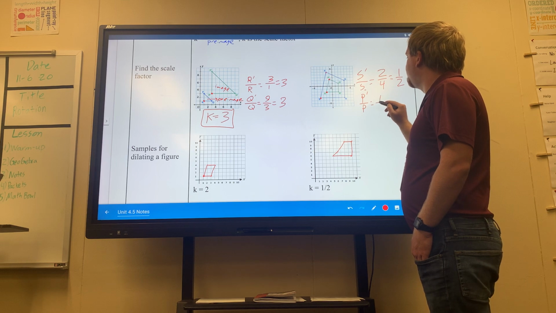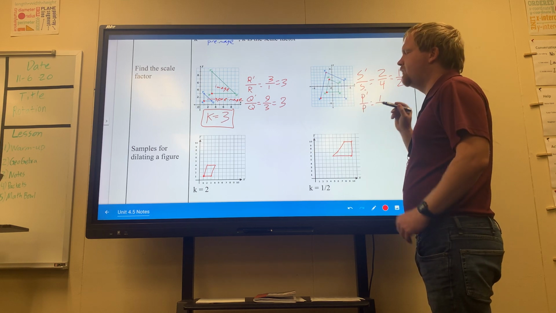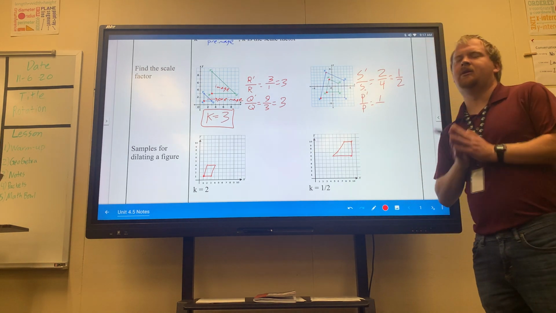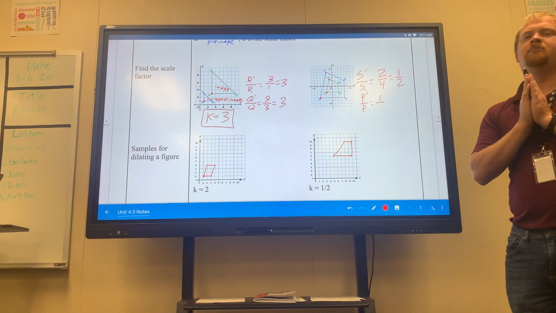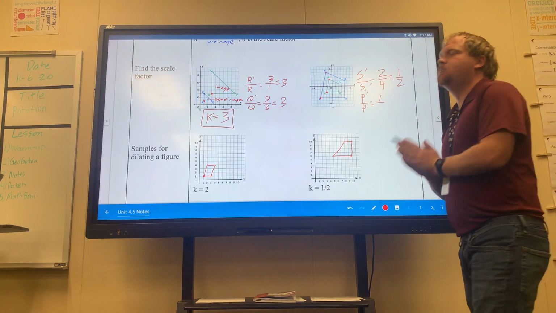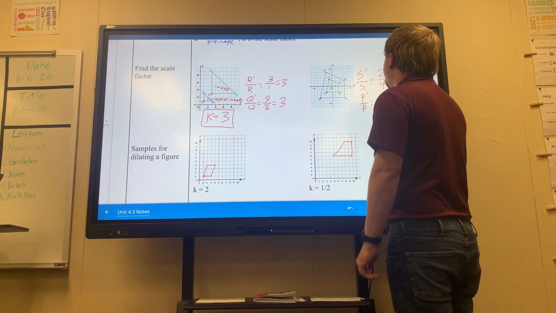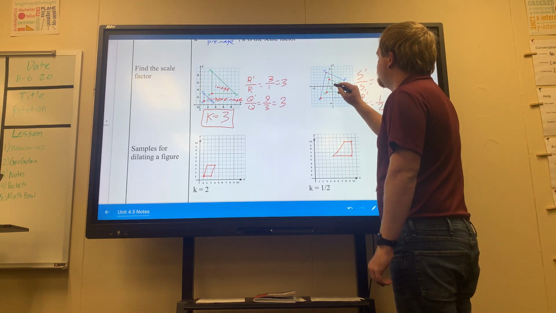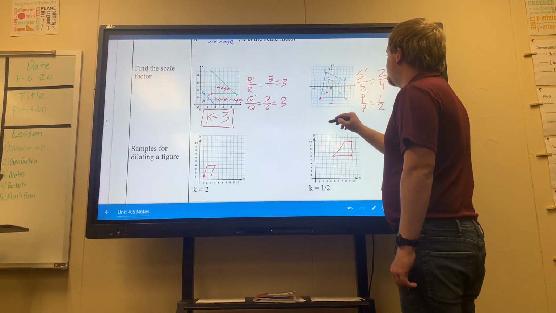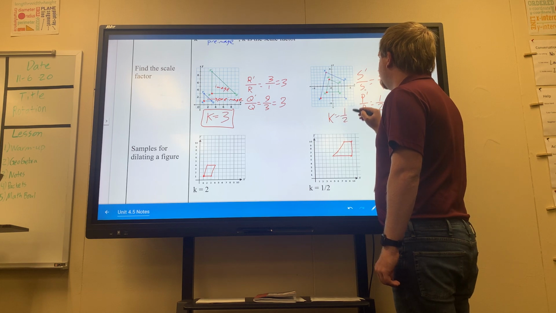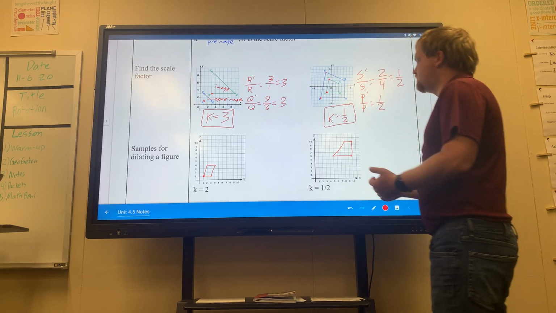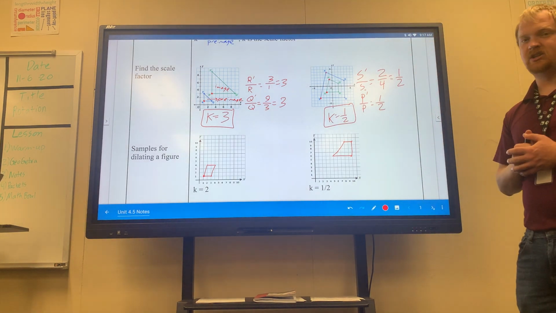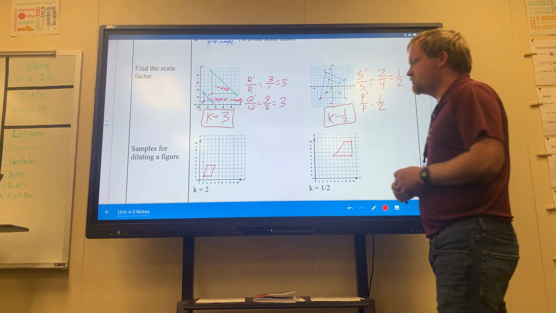So that's 1/2. That's 1. The x value of P prime is 1. But the x value for P is 2. So my scale factor for this is 1 over 2, which means that this is a reduction. This means it's getting smaller.